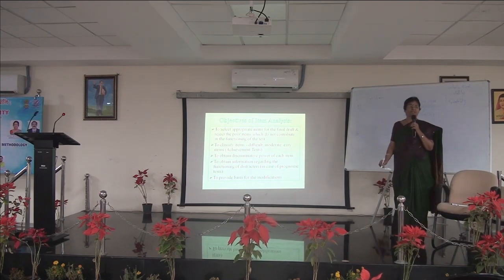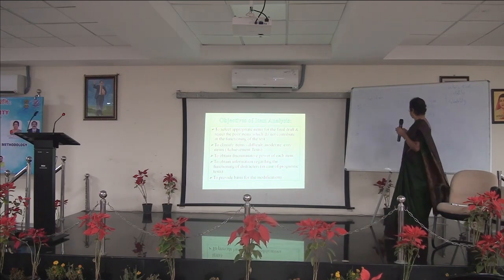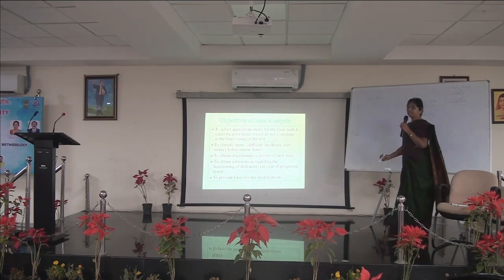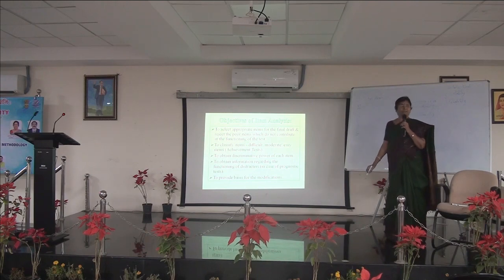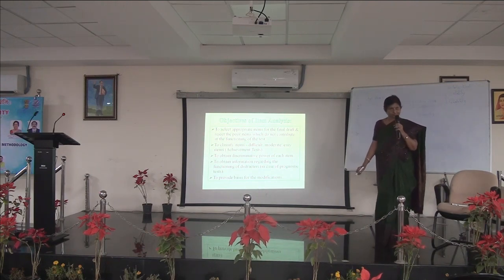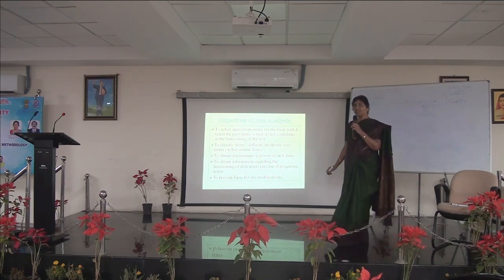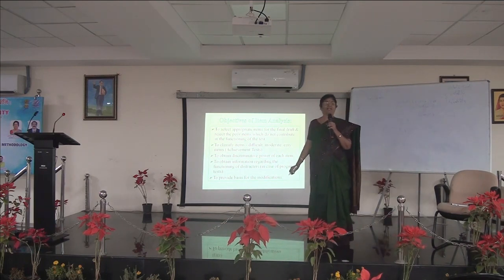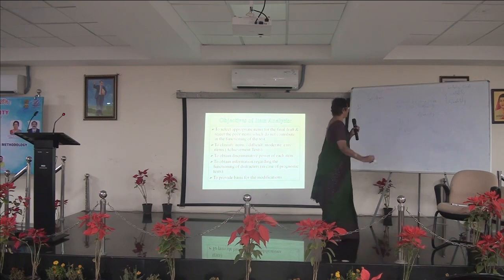For an achievement test, we calculate difficulty value as well as discriminative power. If it is an opinionaire or an attitude scale or an inventory, we confine ourselves to DP.